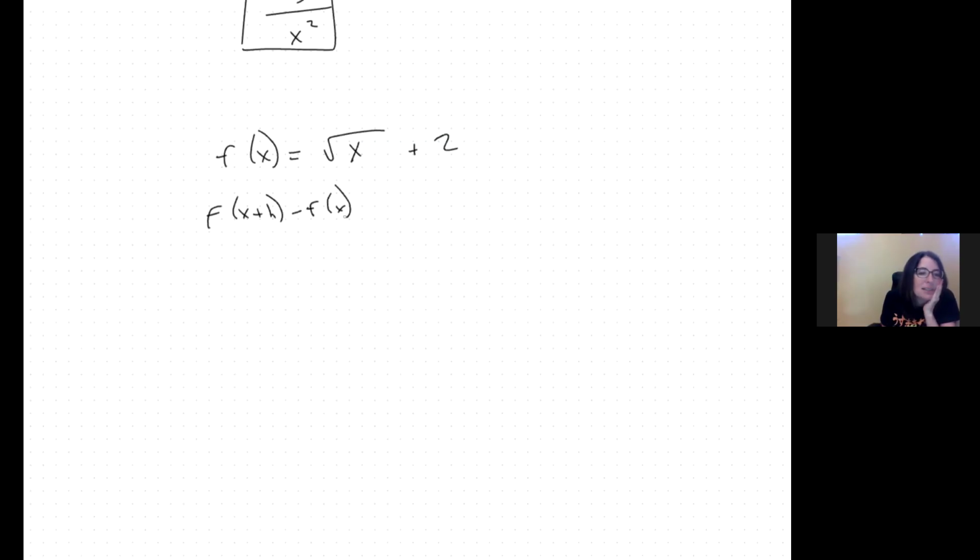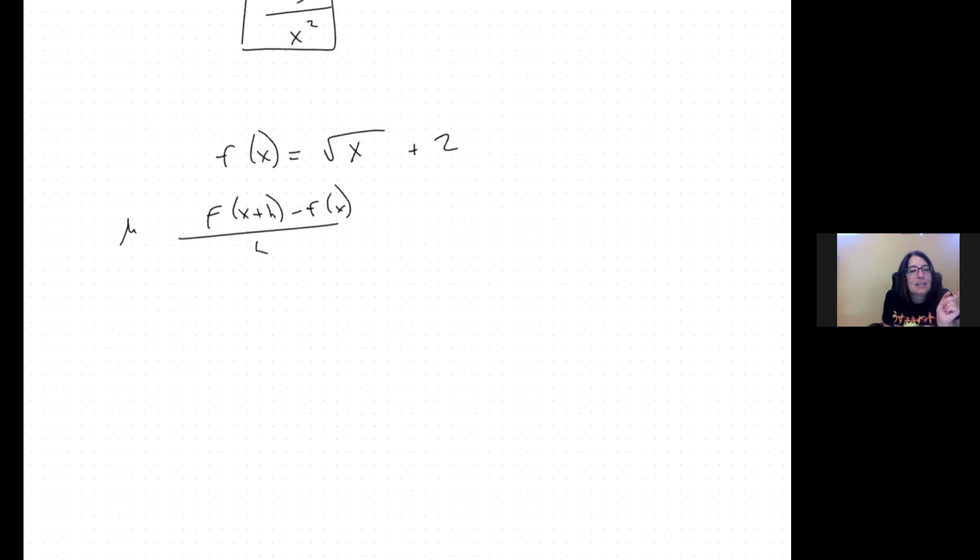Okay, and I wanted to do one more of these. Let's say we had this plus 2. Okay, so f of x plus h. I'm looking at this thinking, hope it's an okay problem.